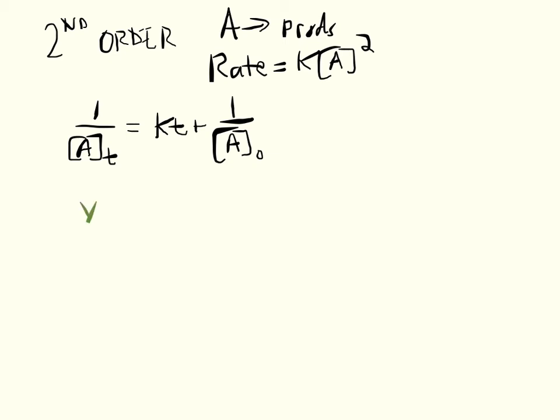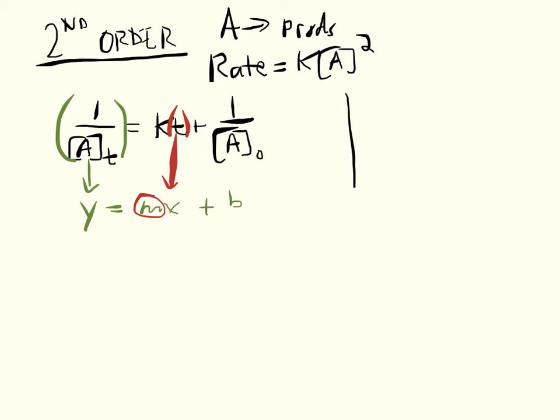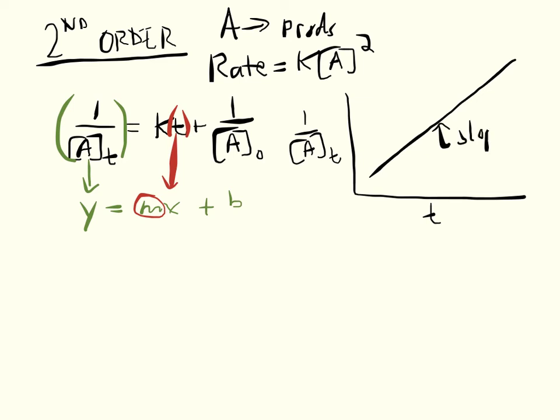So let's think of this again from our y equals mx plus b standard perspective. If we plot this on the y-axis and this on the x-axis, our slope, m, of that line is going to be the rate constant for this second order reaction. So again, if we take 1 over the concentration of A sub t versus time, we'll get a line with a positive slope, and that slope is equal to K, the rate constant.